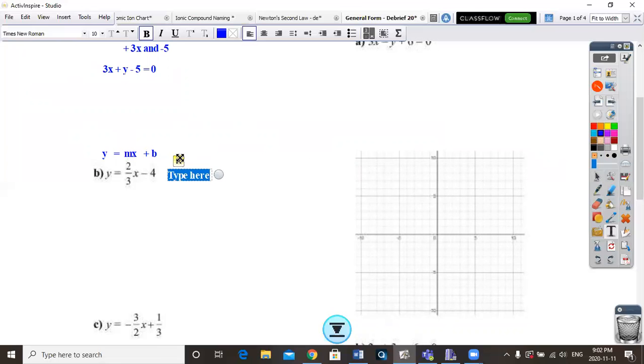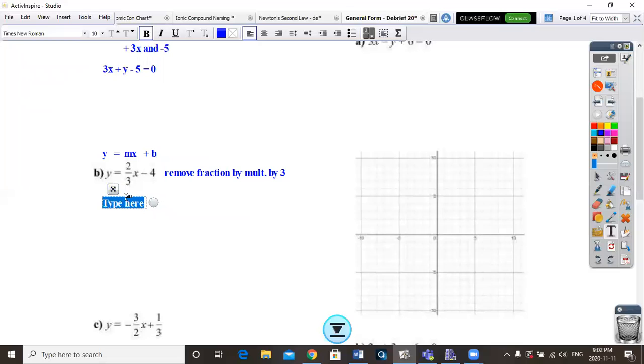Okay, so what we need to do first is get rid of the fraction. So remove the fraction by multiplying by 3. So both sides have to be multiplied by 3.